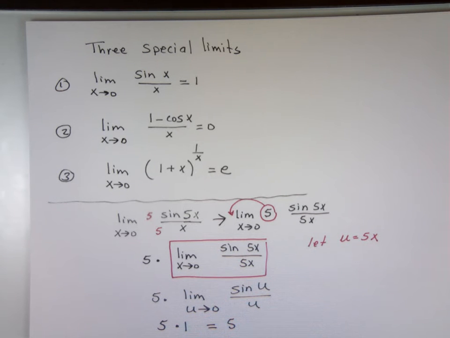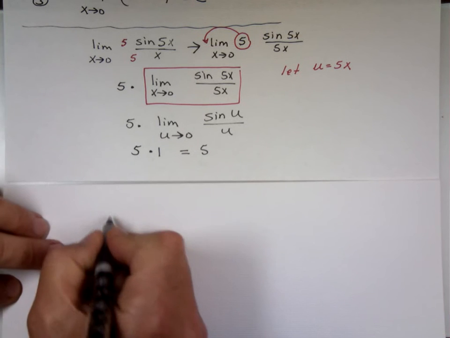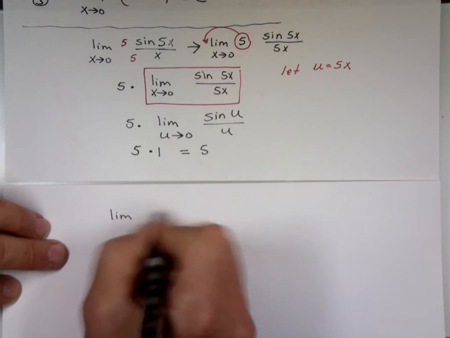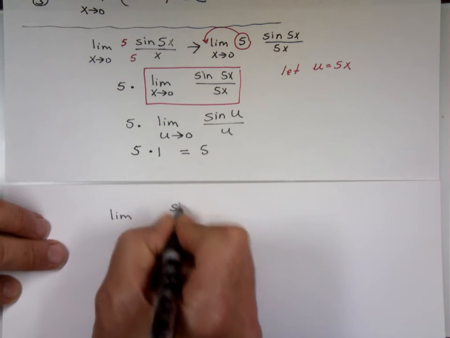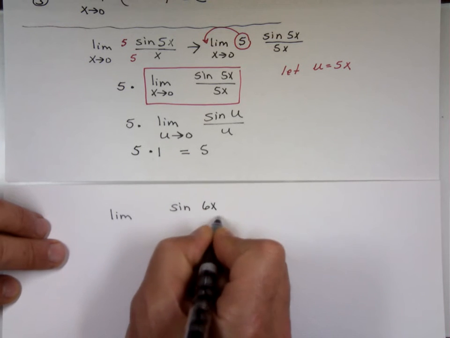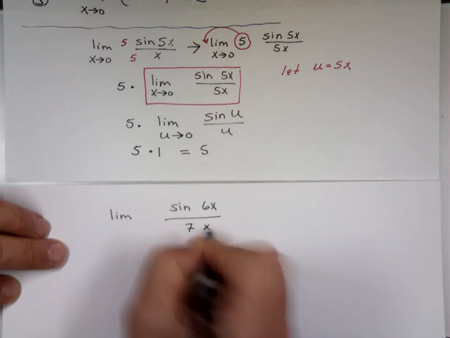So you'll see some of these problems that try to sneak them in. They put 5x on the top, they put 1x on the bottom. Or they'll put 5x on the top, 9x on the bottom. Because, uh-oh, what do I do now? So you'll see a problem like this. Limit of sine 6x over 7x as x approaches 0.